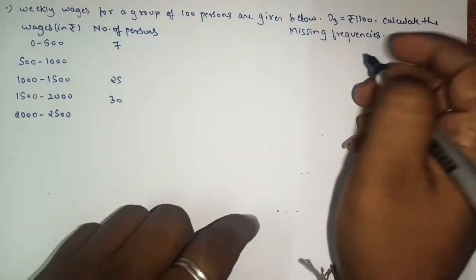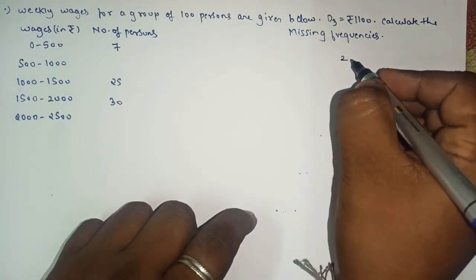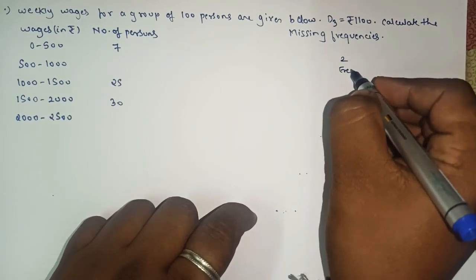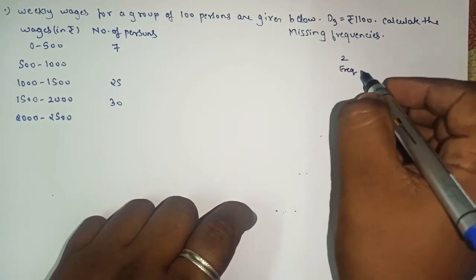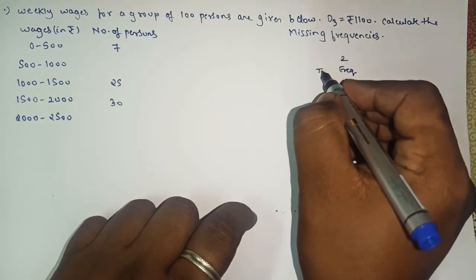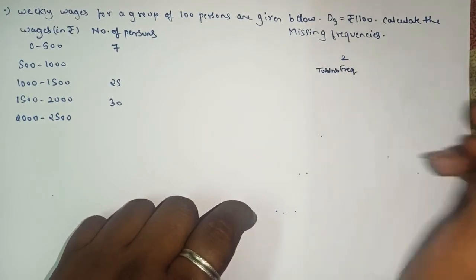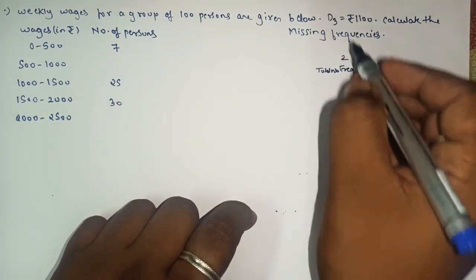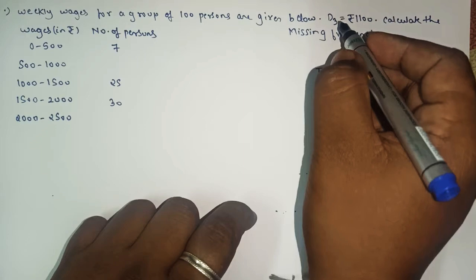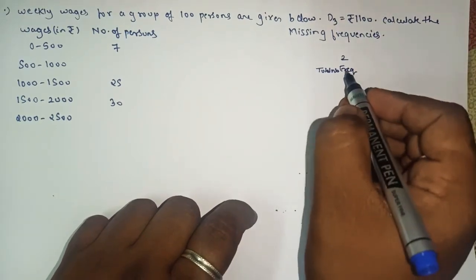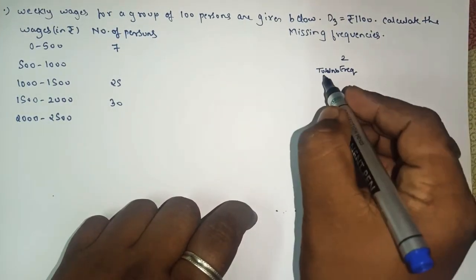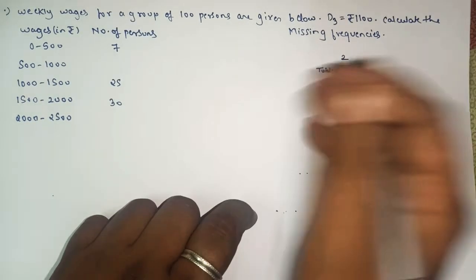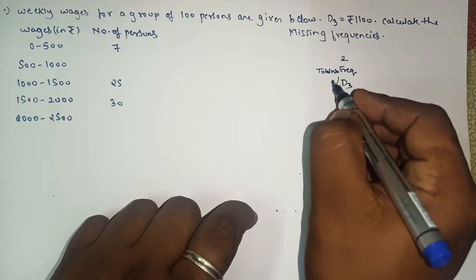Whenever we have to find two missing frequencies, we must know the total number of frequency as well as the decile. So we require two values: the total frequency and the D3 value, or a percentile, or a quartile.